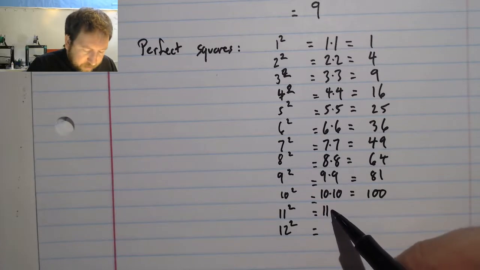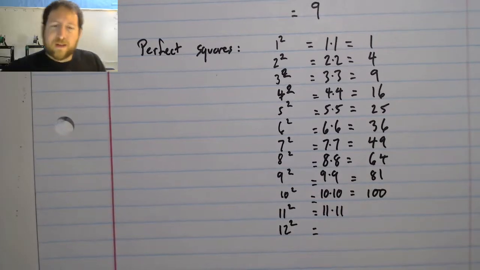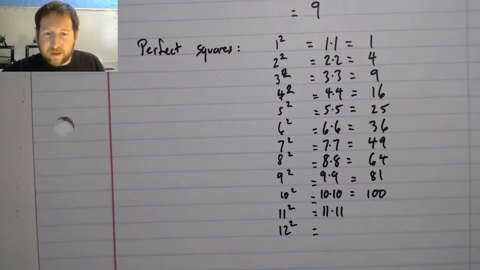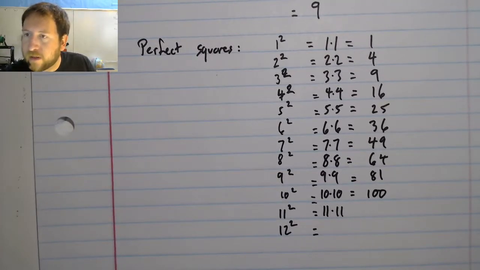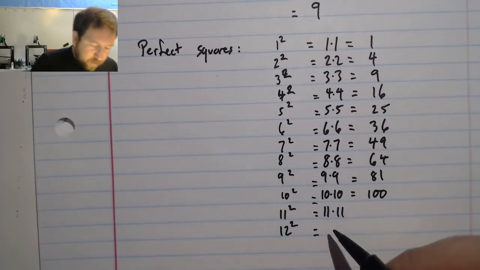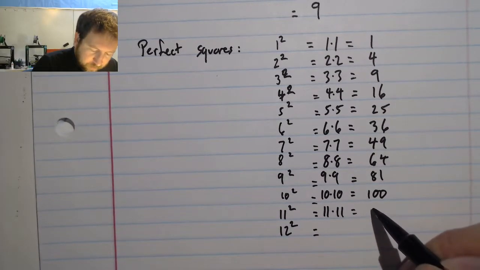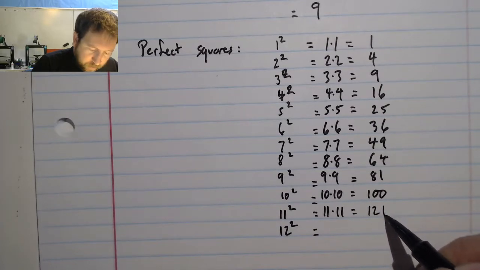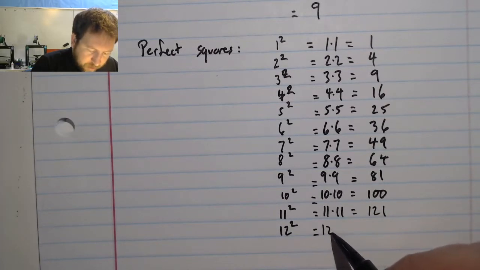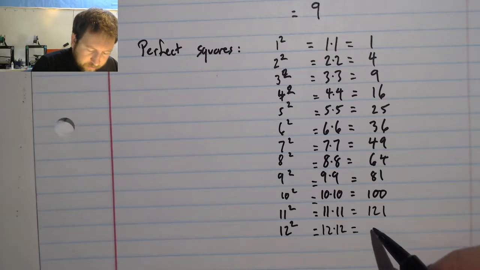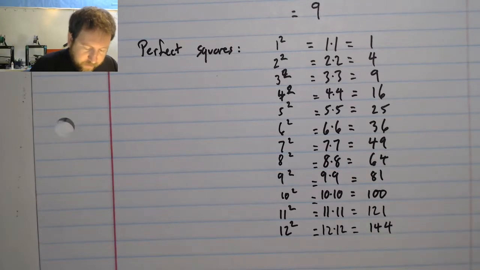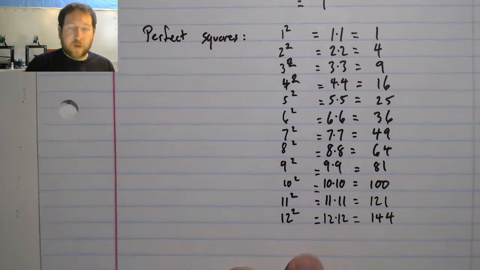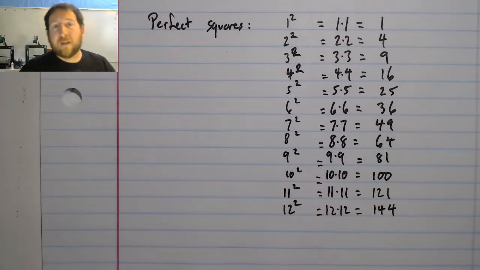So 11 times 11, I think, is like 122, but boy, I do not use that one very often. 11 times 11 is 121. Close. 121. And 12 times 12 is 144. I do know that one. And these are the perfect squares that we use to figure out these things.